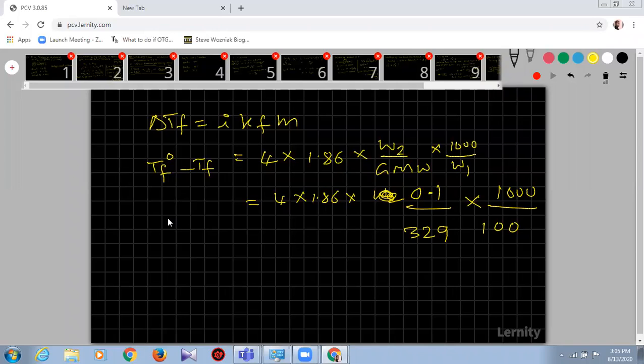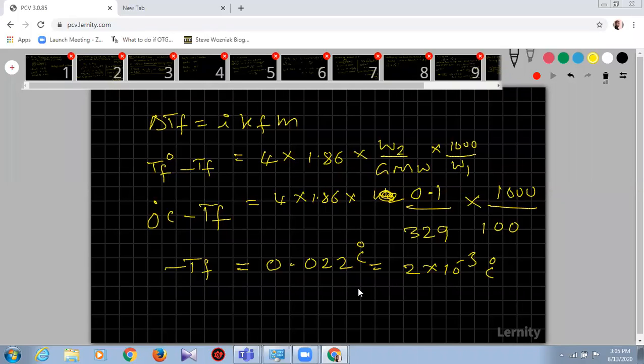Now Tf naught, what is the freezing point of water? 0 degrees centigrade. And I need to find out the freezing point of this solution. If you simplify all these things, you will get 0.022 degree centigrade, that means 2 into 10 power minus 3 degrees centigrade.